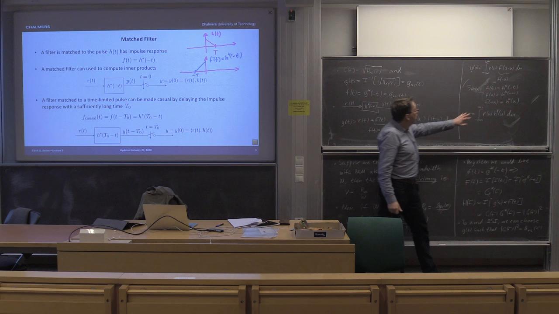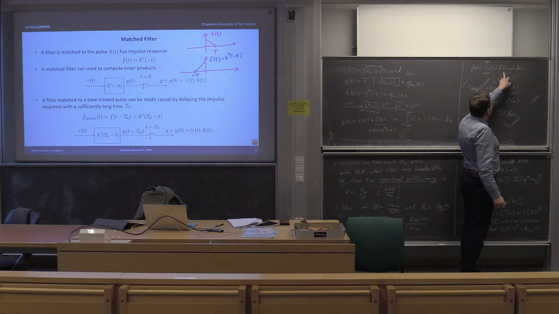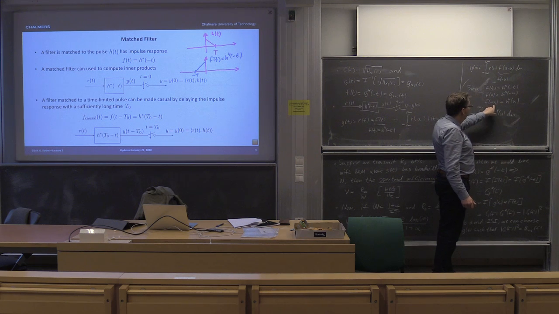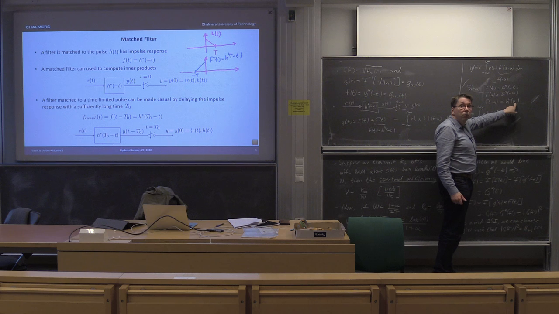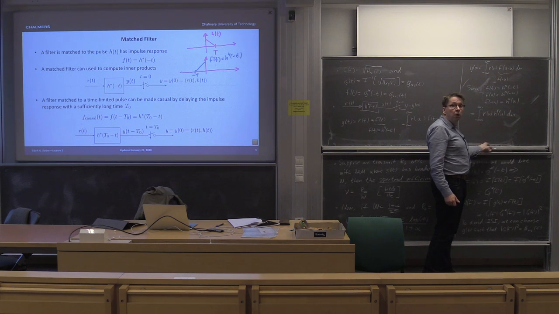Convolution, put in t equals 0. We see that the factor that depends on f is f evaluated at negative u. And what is f evaluated at negative u? Well, it's just h conjugate of u. So just put that in here. Okay.